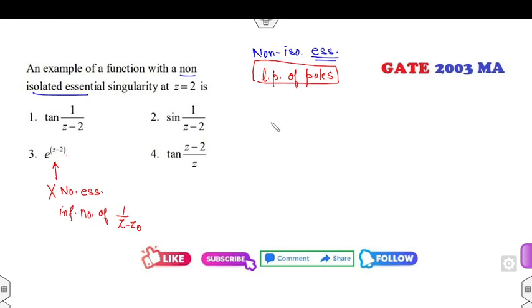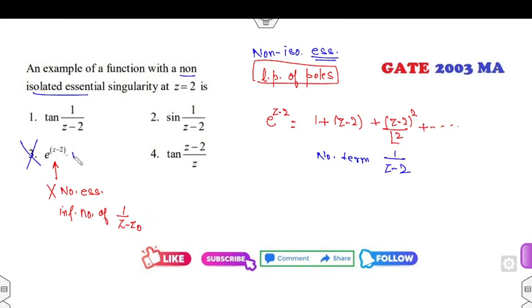But if you expand this series, it will be 1 plus z plus z square upon 2 factorial and so on. So clearly say there is no term which involves 1 over z minus 2. So that means this is not essential. So once it is not essential, it is not non-isolated.